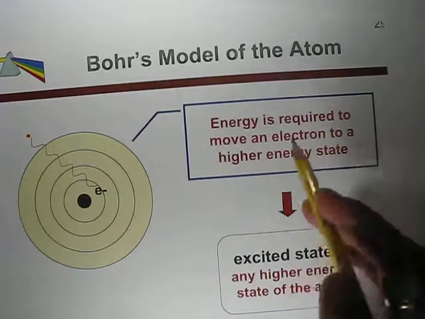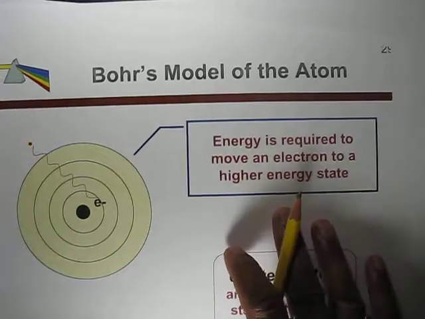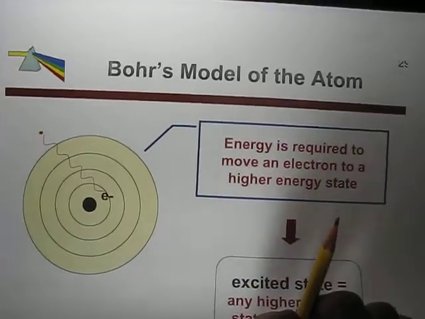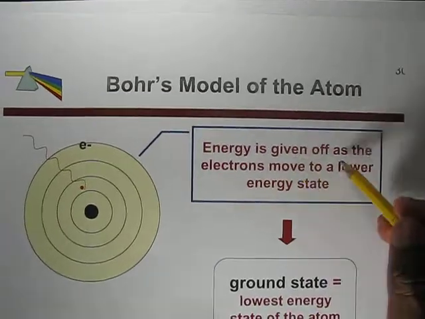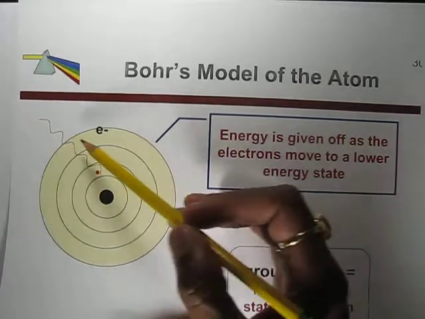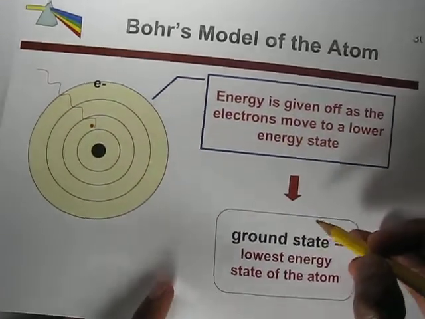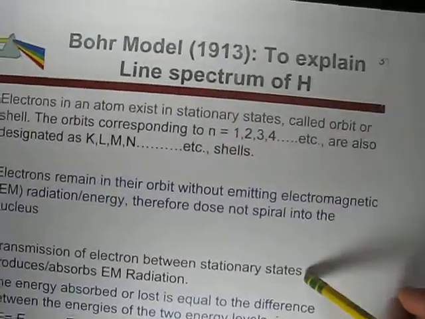Energy is required for this electron to move from the ground state to a higher or excited state, and energy is given off as the electron moves to a lower energy state. When the electron comes back to its ground state, energy is released. It is exactly the same amount of energy required, which comes out from the same transition.